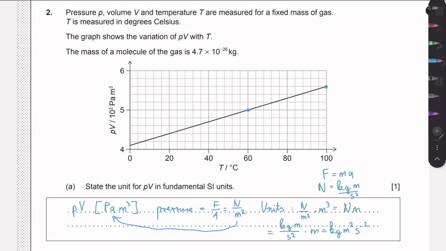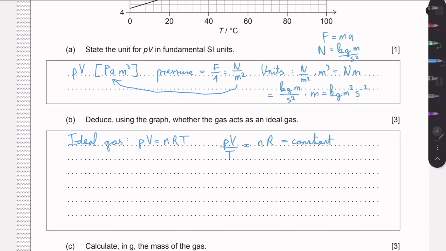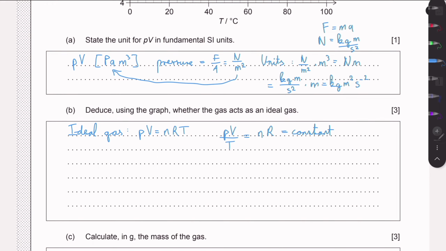So this here is at 60 degrees Celsius and 5 times 10 to the 2 of pressure times volume, and here it's 100 degrees and 5.6 times 10 to the 2. So we just need to plug this in and see if we get the same values.